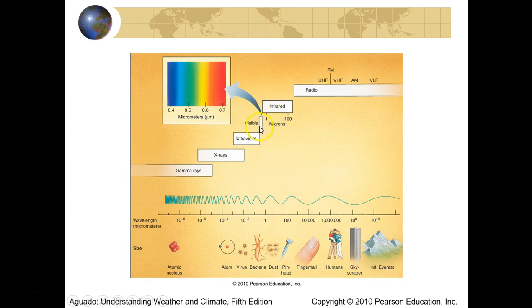The Earth is primarily producing infrared radiation down through radio waves. As a result, the Earth is down here with long wave radiation, which has low frequency, and the sun is over here on the left, producing the more high energy, short wave, high frequency radiation.